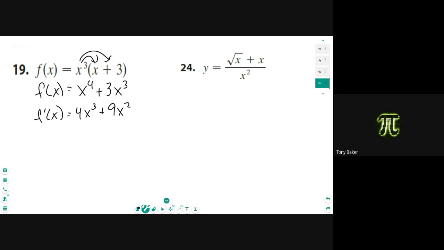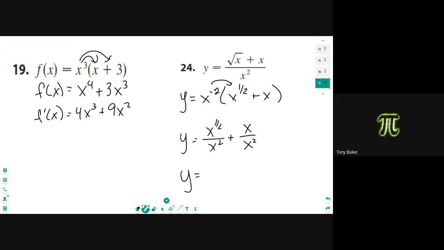So I can change this problem to x to the negative second times, and then I told you the square root is 1/2, plus x. I can change it to that. The other way we could do it is I could just do x to the 1/2 times x squared plus x over x squared. I can split up the denominator to both pieces. Either one of these is going to come out to be the exact same answer in the next step.